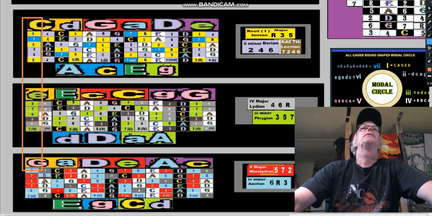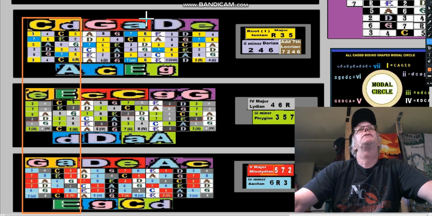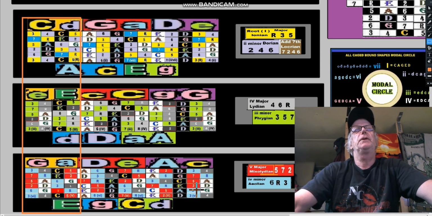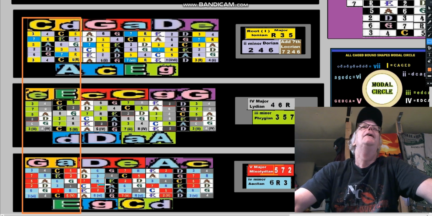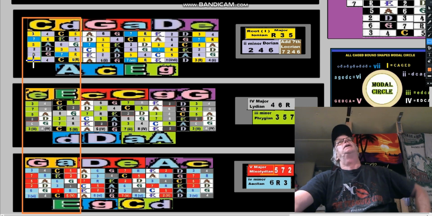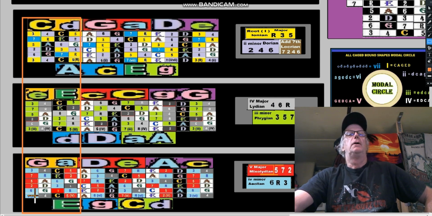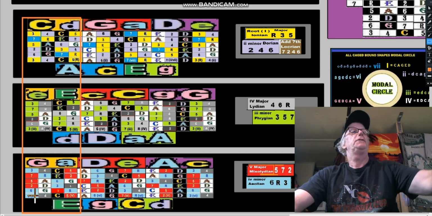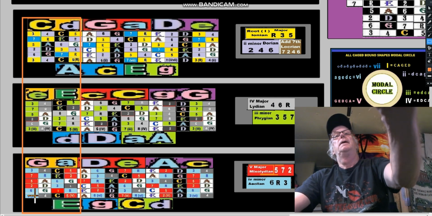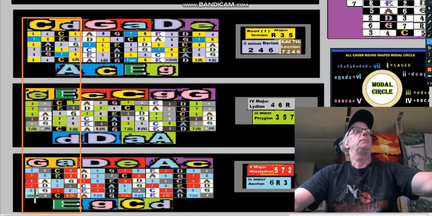So we're going to just zoom out. I said they're more or less in line together. So we've got 3. Look at the Ionian: 3, 5, root, 3, 5, root, 3. Here we've got 3, but we skip the 5 in the relative 6th cage-bound arpeggio. Now of course an arpeggio could be like a 7th.